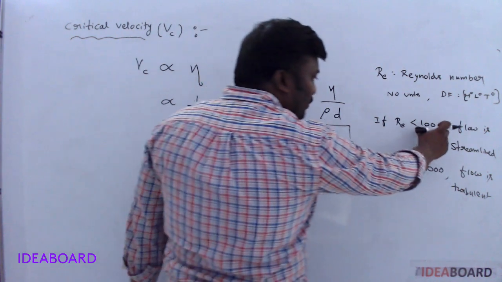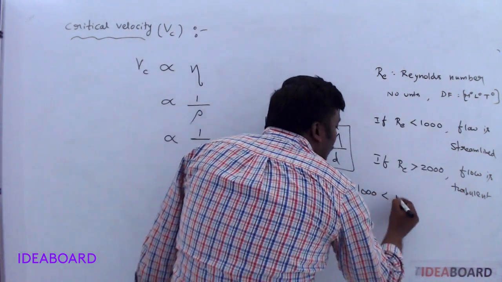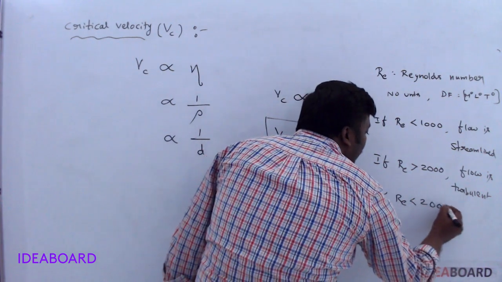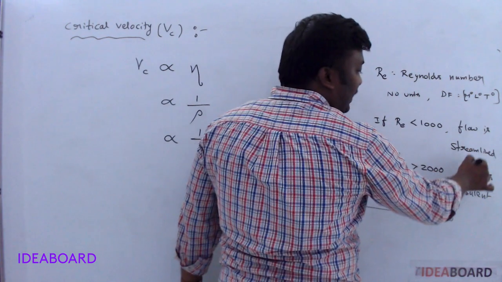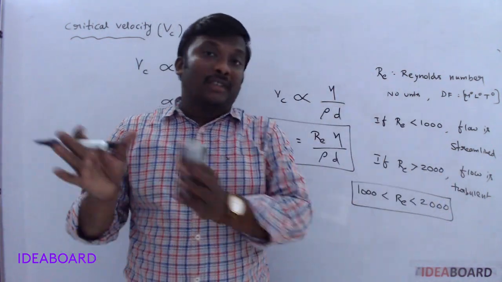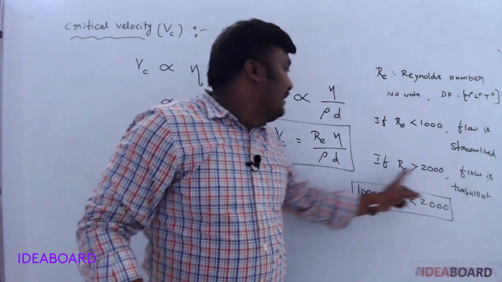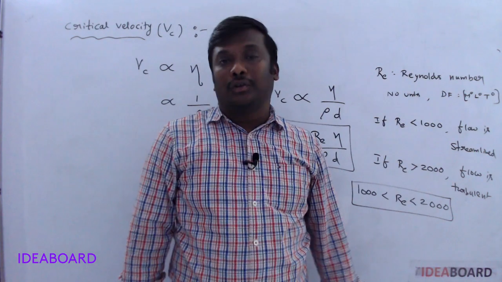So in between 1000 and 2000, what happens? In between those two, the fluid switches from streamlined to turbulent.